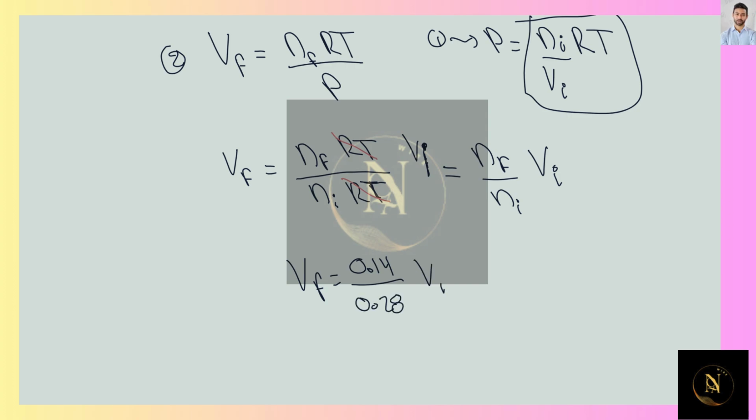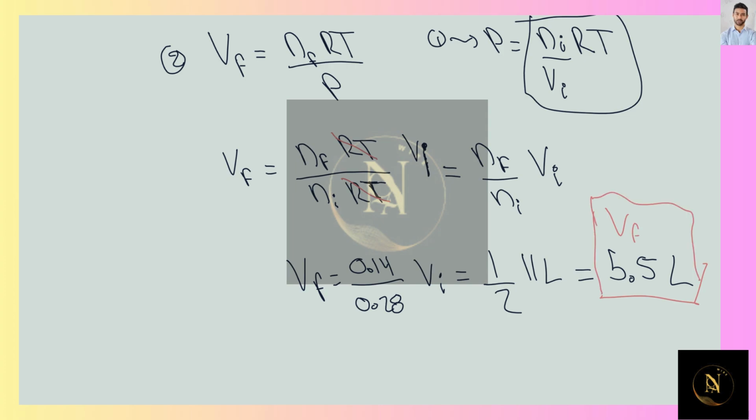Surprise, this is going to be 1/2 times my initial volume. So 1/2 of my initial volume, that was 11 liters. So my final volume is going to be 5.5 liters. This is the final volume. And that would be all.